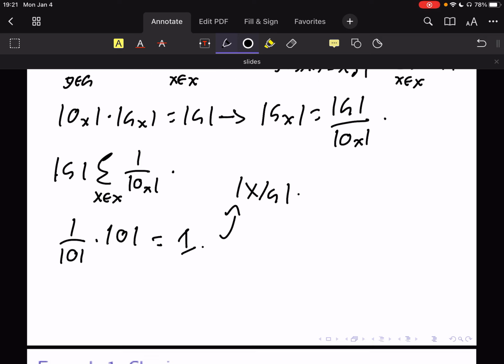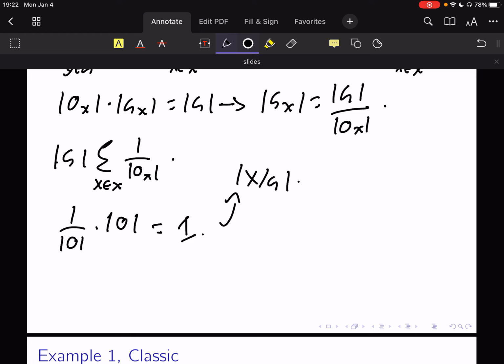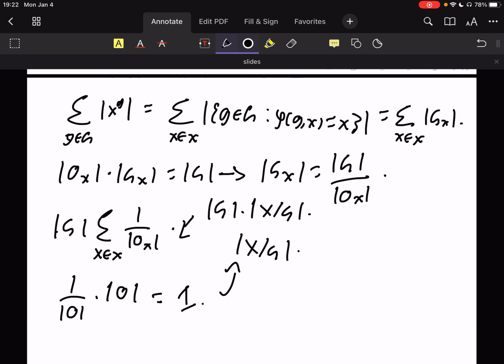So from what we have here, recall that this is equivalent to |G| times |X/G|. But since we've made reversible substitutions to get to this point, this should all be equal to this.